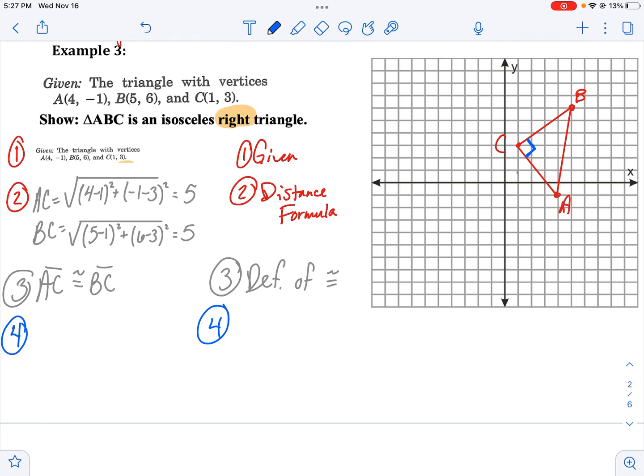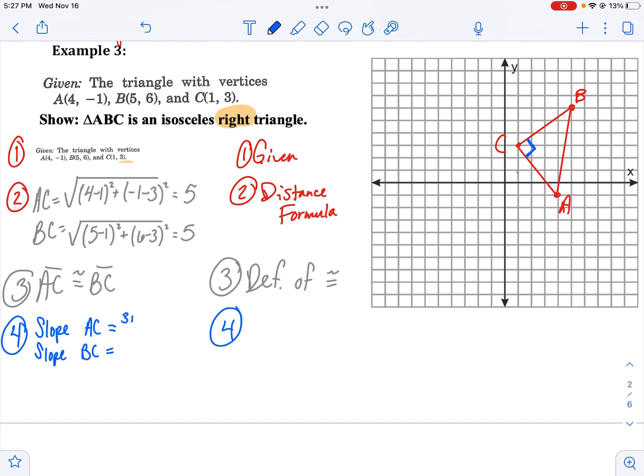Well, how can I show that angle C is a right angle? I could show that AC and BC are perpendicular by showing that their slopes are opposite reciprocals. So what I'm going to do here is show that those are opposite reciprocal slopes with my slope formula.